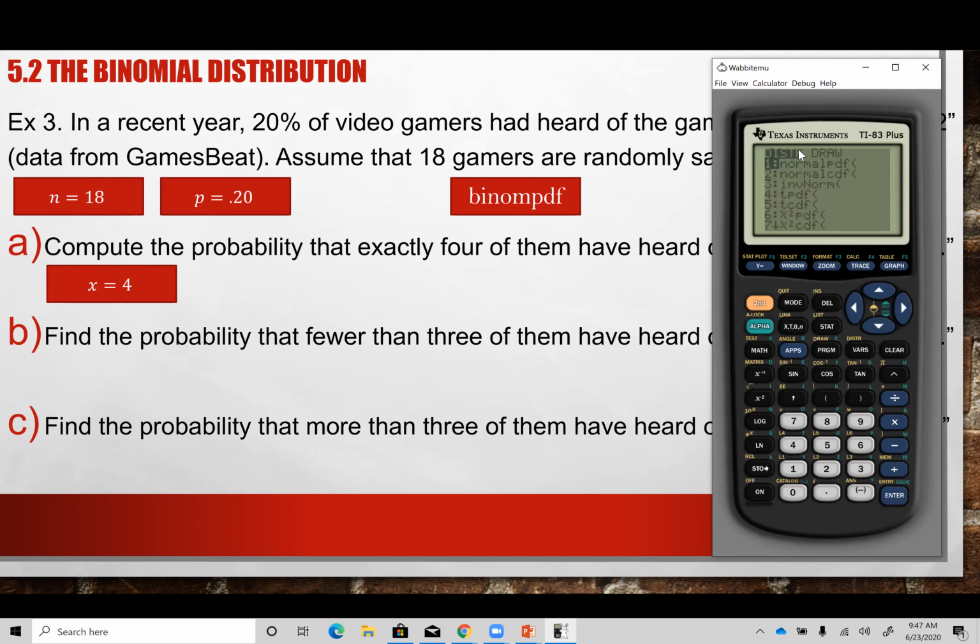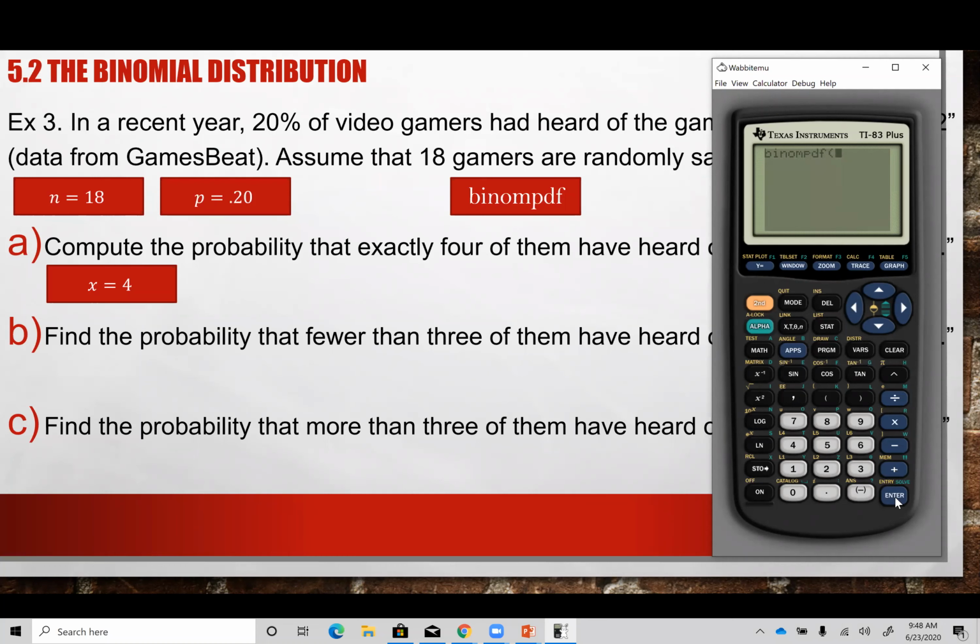As you will see in chapter 6, we will use number 2 and number 3. But for now, scroll all the way down to this item, which depends on your TI-83 or 84. On the 84 your option is probably A or B; on the 83 it is 0 and A. That is binomial PDF.